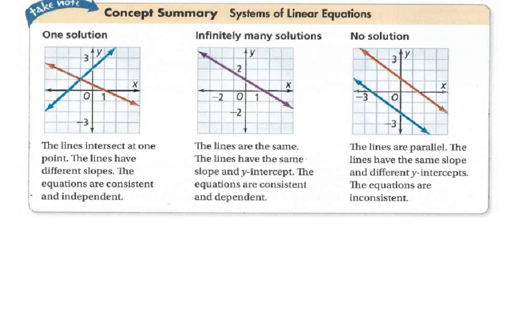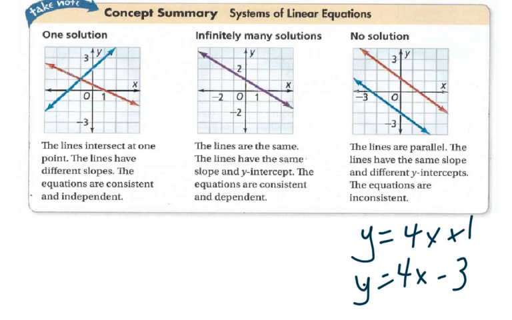So let's say it says y equals 4x plus 1 and y equals 4x minus 3. Those two equations are parallel because they both have a slope of 4, but they have different intercepts. So this one's going to pass over at positive 1, and this one will pass over at -3.